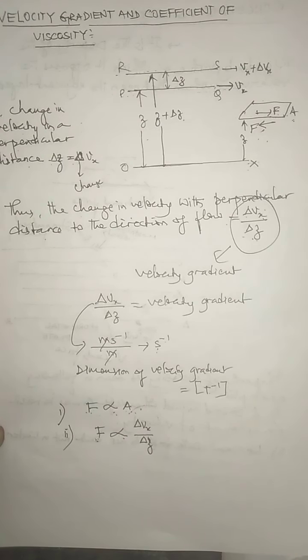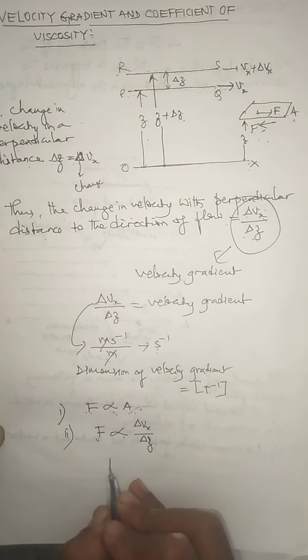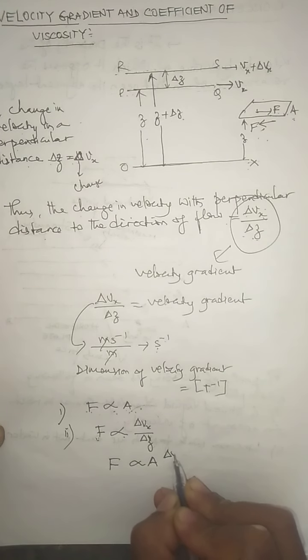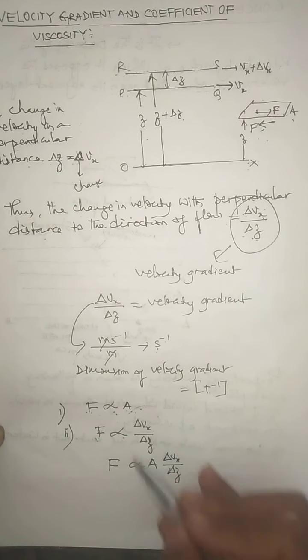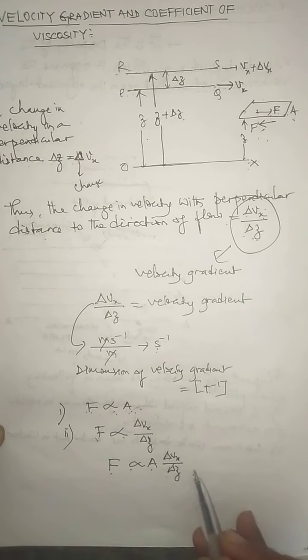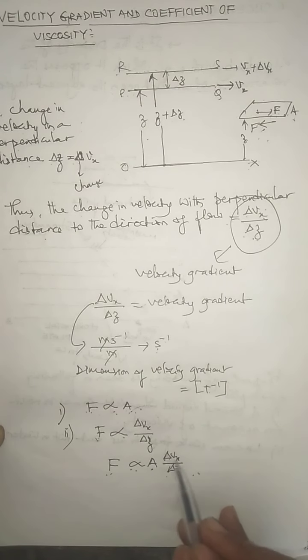If I combine these two, I can write F is proportional to A delta vx by delta z, because both are directly proportional.